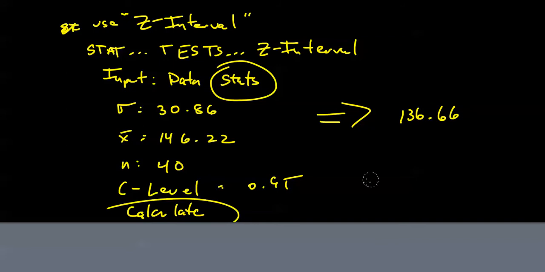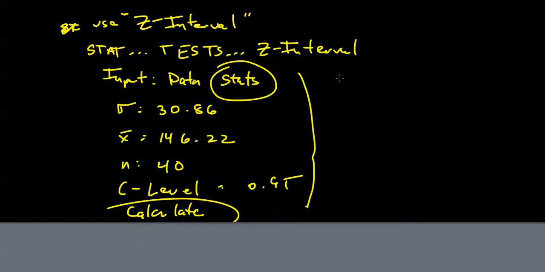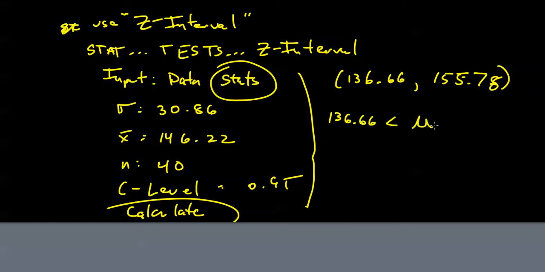136.66. I need some more room here. Now the calculator returns 136.66 and 155.78. So these are my boundaries for my confidence interval. I prefer we write it like this. Now remember, we're estimating mu, not p here.